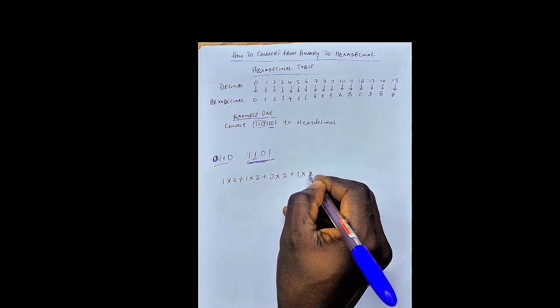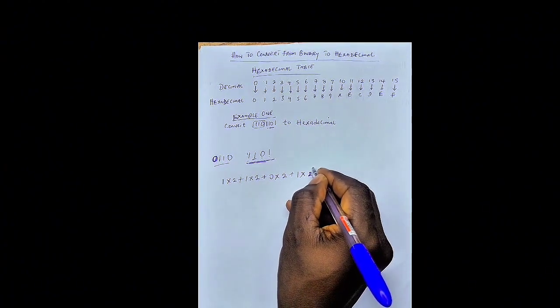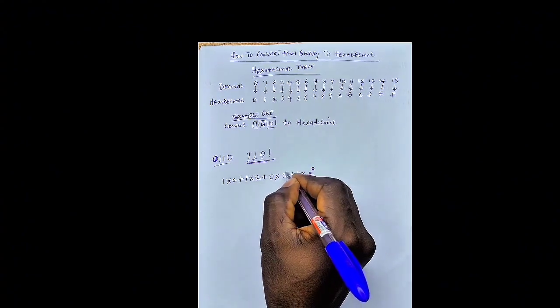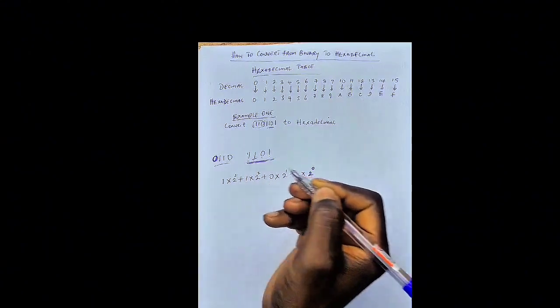Now you raise each to its equivalent power: 2 raised to the power of 0, starting from the right, 0, 1, 2, and 3.